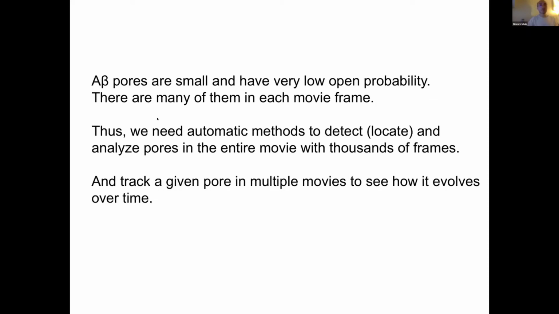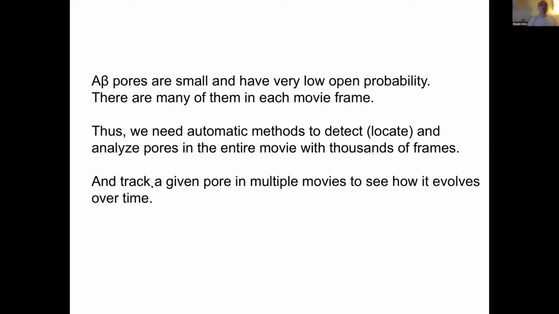And there are many of them, hundreds and thousands. So you obviously cannot detect and characterize them just by hand; you need automatic methods. And that's the first thing that we need to do.